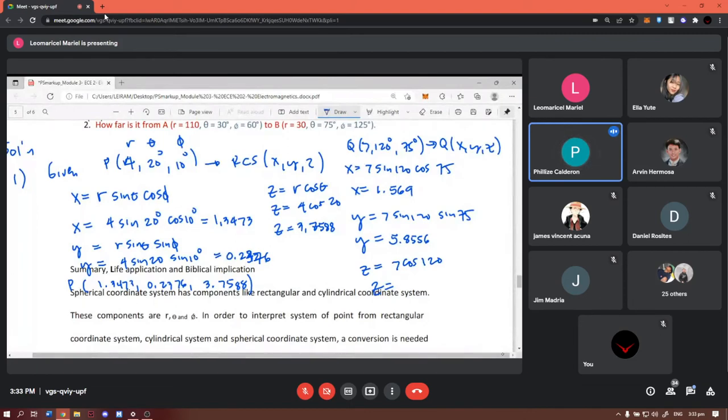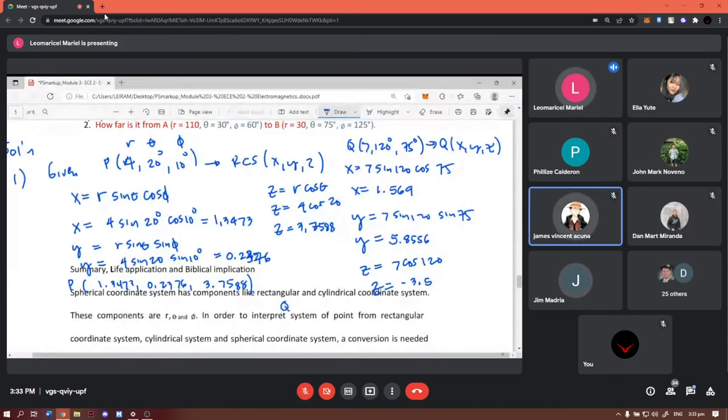Negative 3.5. How about sa iba? Ganun din ba yung nakuha nyo? Opo, parehas po. Okay, therefore your Q now will be equal to 1.569, 5.8556, and negative 3.5.